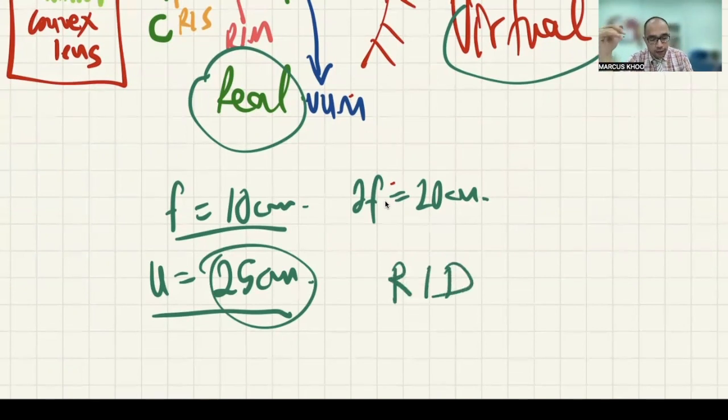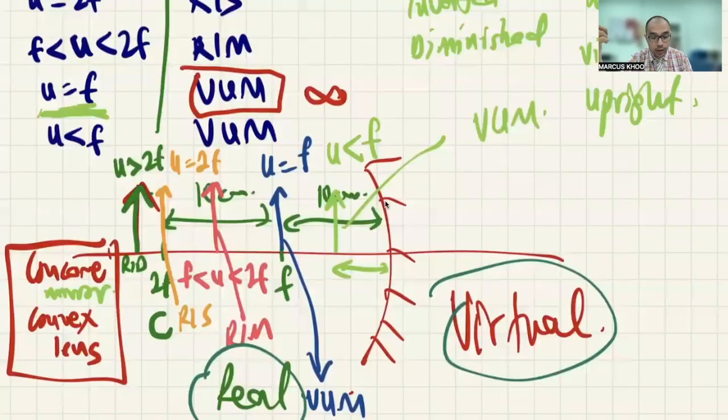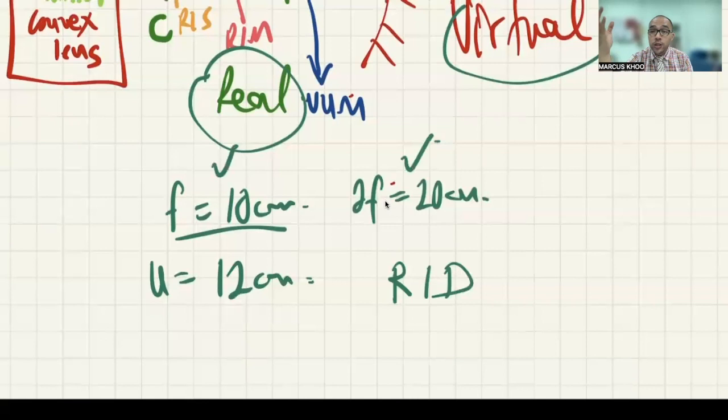Likewise, if let's say now I change this question. Let's say my object distance now is 12 cm. Okay, so it's less than 2f, but it's more than f. So we're talking about situation number 3, between f and 2f. So what are the characteristics of the image in situation 3?